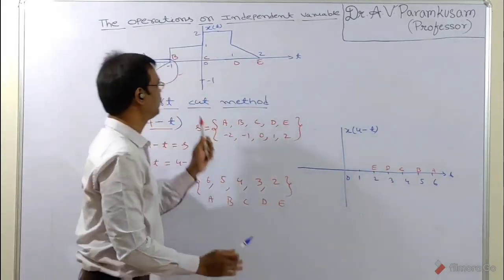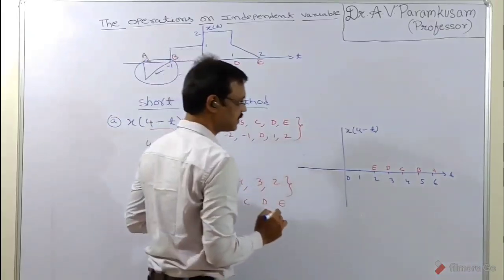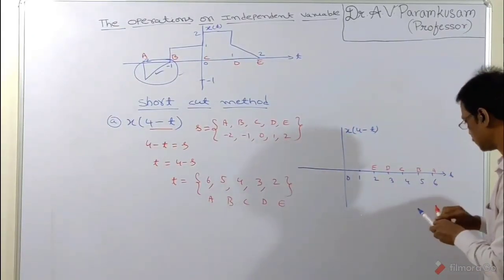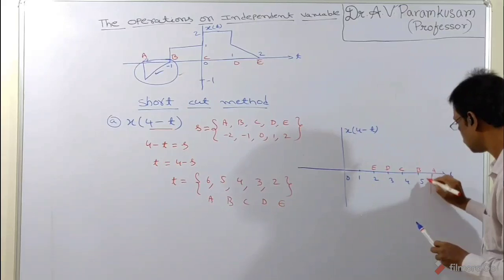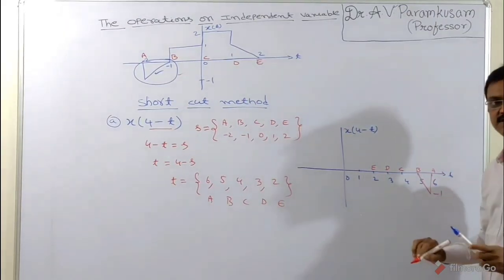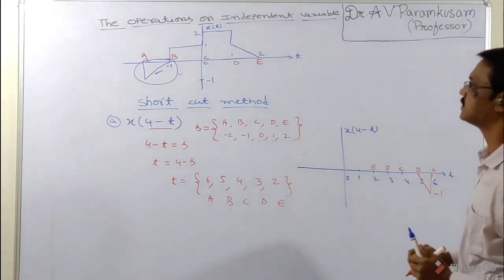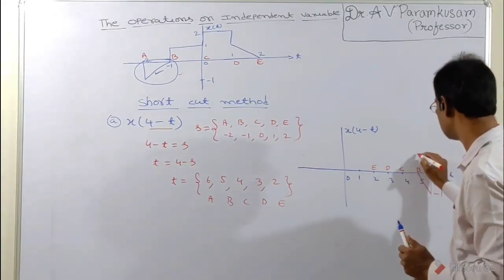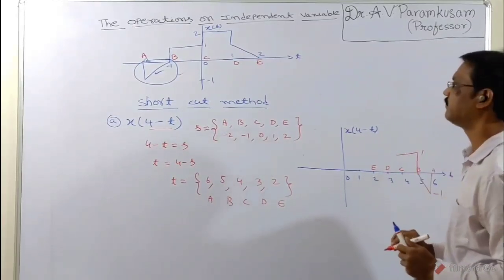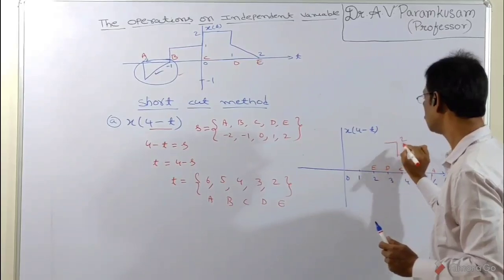Here also, between A and B, this line is there, so you draw the line like this. Of course, this value does not change, that is equal to -1. Between B and C, a constant is there of value 1. Between C and D, a constant is there with value 2.